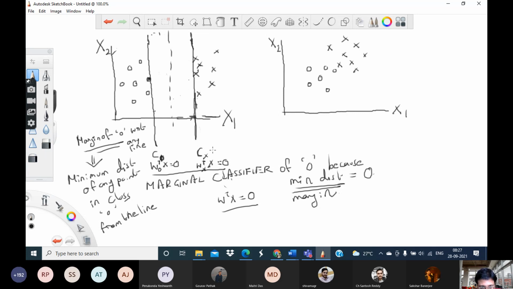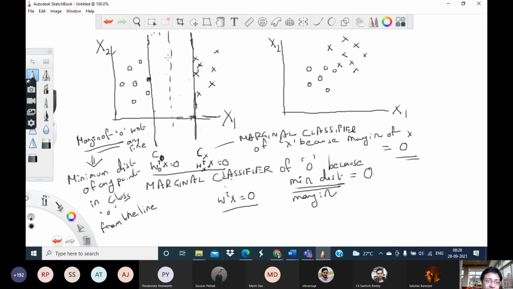That basically means this is the marginal classifier of cross, because the margin of cross with respect to the line is equal to 0, right? So based on this definition, we call C circle and C cross the marginal classifiers, and we also note that their margins are 0.